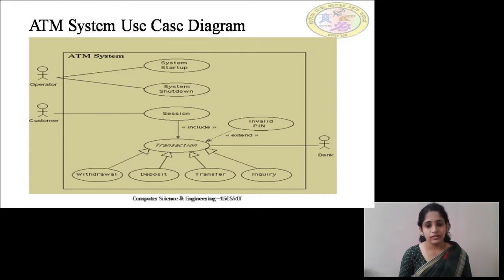If the customer enters the valid PIN, then he enters into a use case called transaction. If the customer enters an invalid PIN, that is a wrong PIN, the system again asks the user to provide the valid or correct PIN.